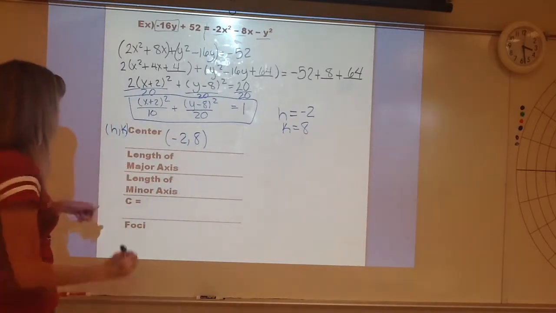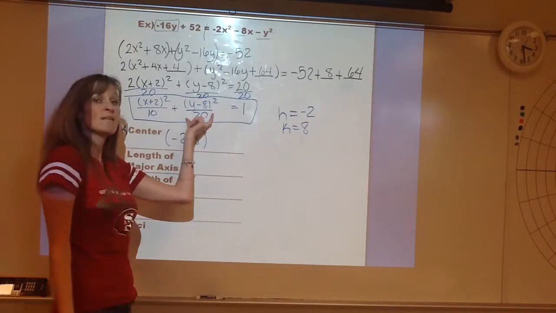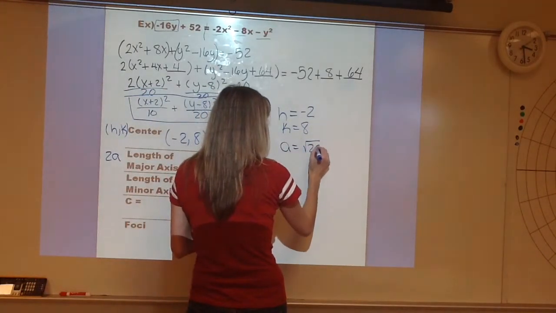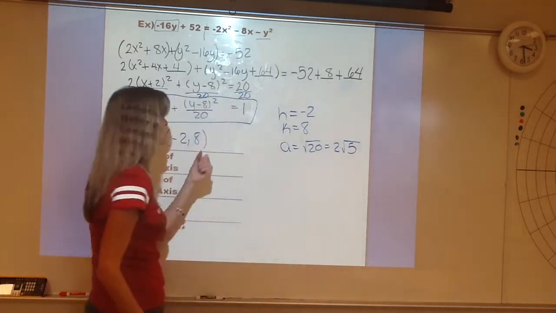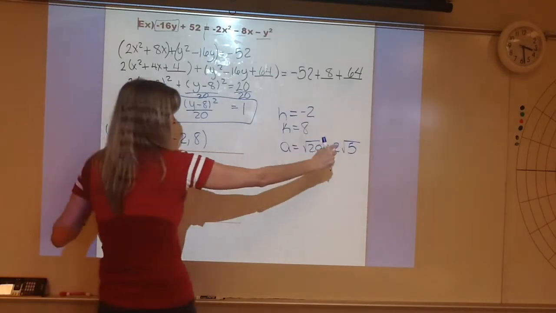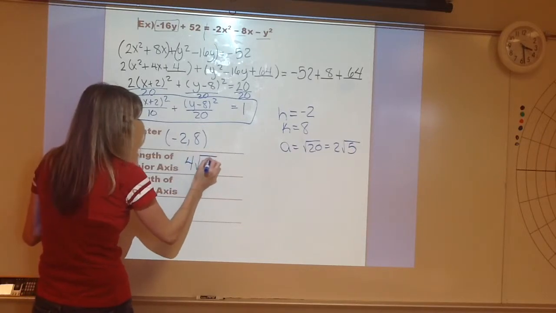The length of my major axis is 2a. a is the square root of the bigger denominator. So a is the square root of 20, which is 2 square roots of 5. So 2a would be 2 times 2 square roots of 5, which is 4 square roots of 5.